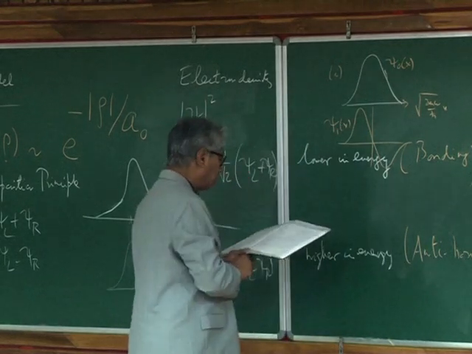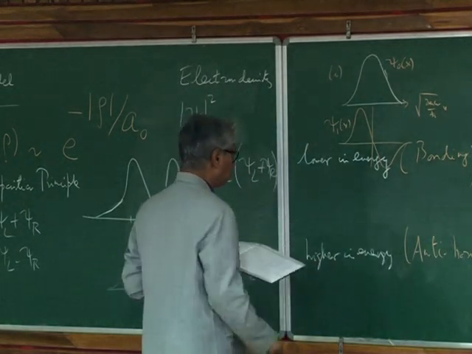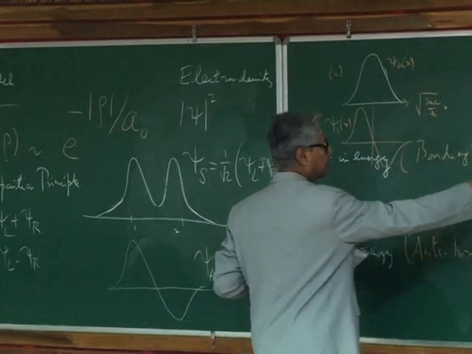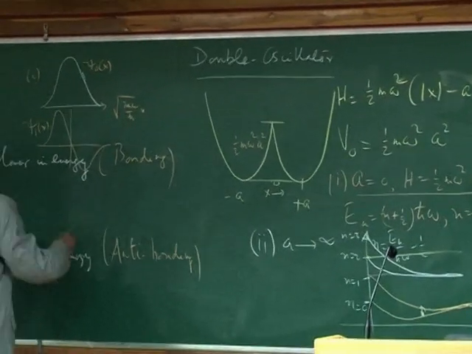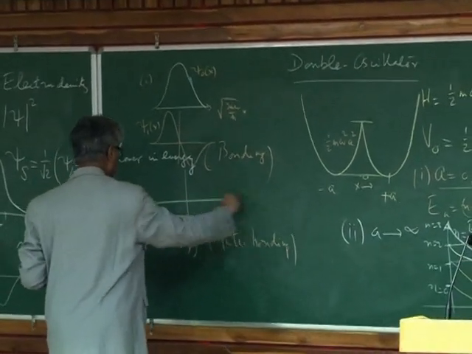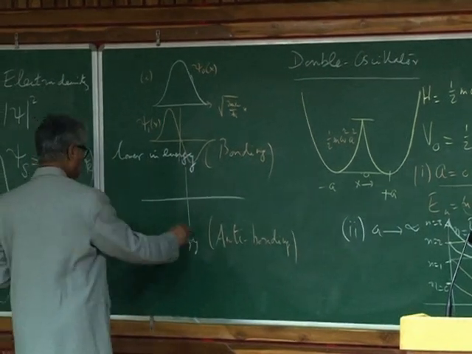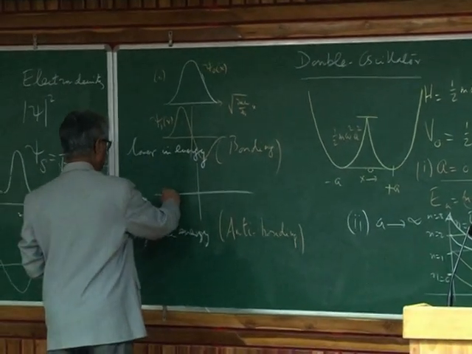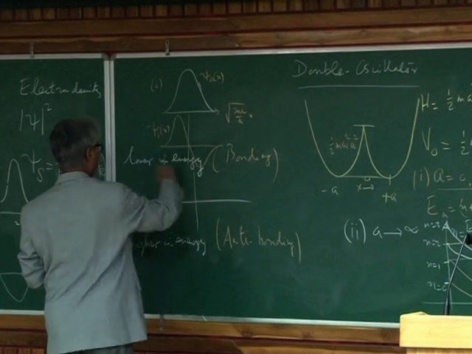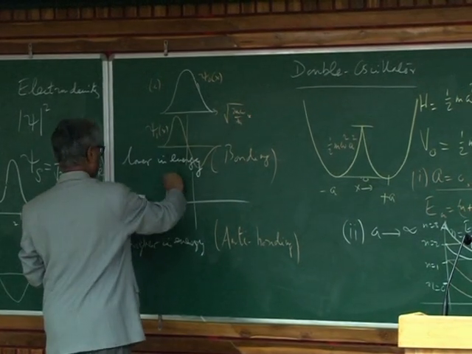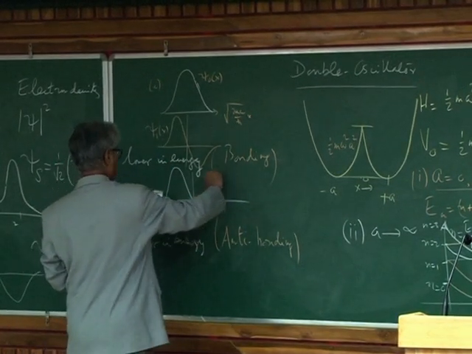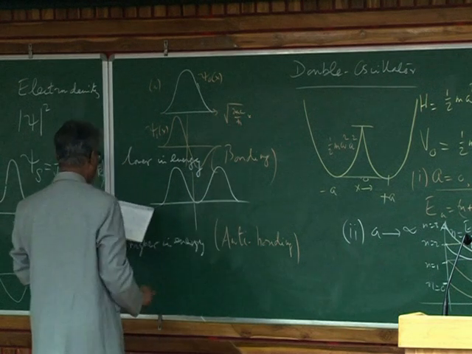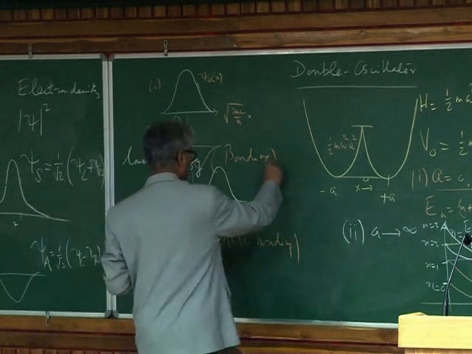Okay. Now you combine the two. So now when you combine and you are in this model, then you find you can construct two wave functions. One is again psi 0, which is some symmetric combination, and then the other one.